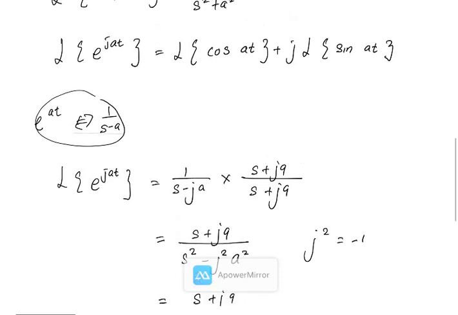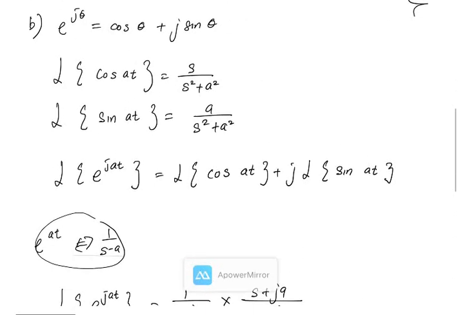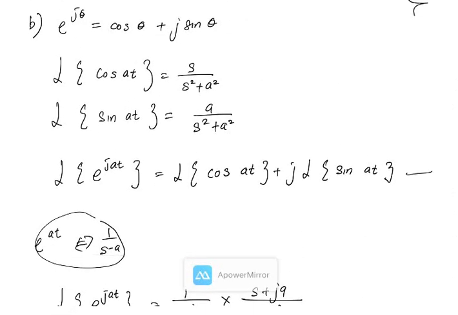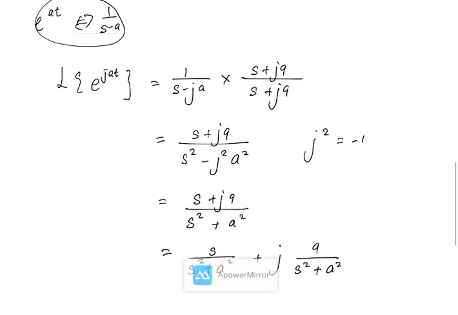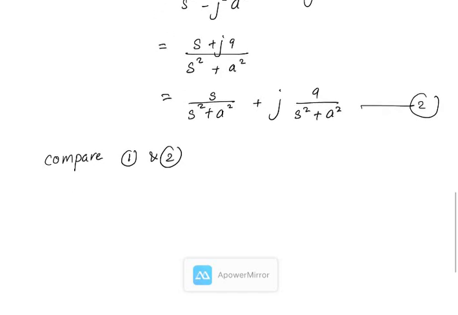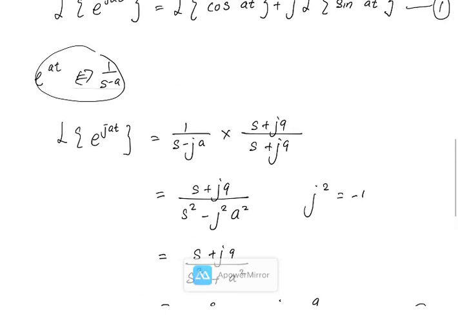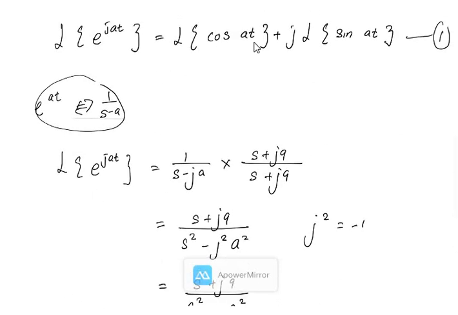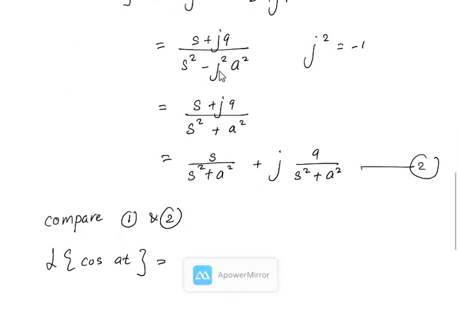So from just now, we get the first result, and at the end we get this second result. Try to compare 1 and 2. You will get the Laplace transform of cos at is equal to s over s squared plus a squared.